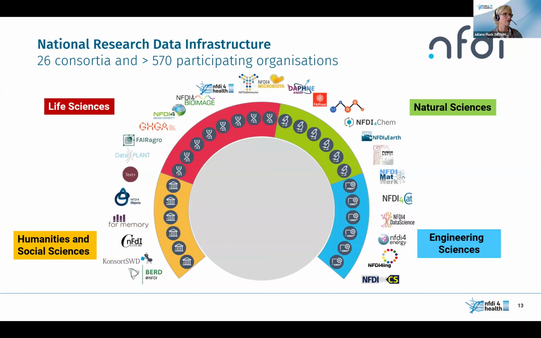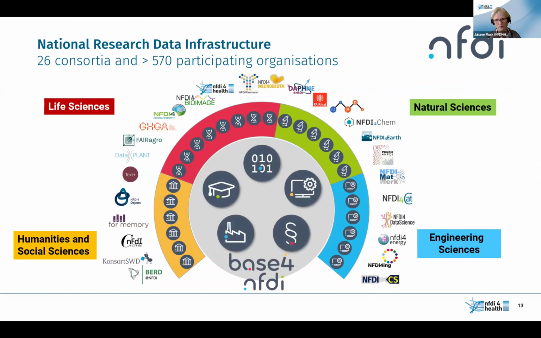The National Research Data Infrastructure currently has 26 consortia, more than 570 participating organizations, and it covers all 4 domains: the life sciences, the natural sciences, engineering sciences, as well as humanities and social sciences.